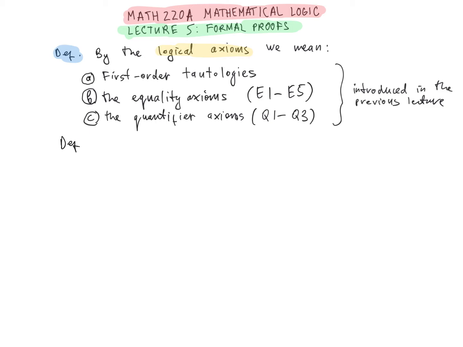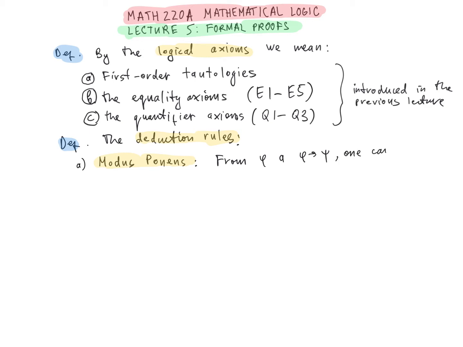Next, we define the deduction rules. There will be only two deduction rules. The first one is the modus ponens rule. From phi, and phi implies psi, where phi and psi are first order formulas, one can deduce the formula psi.